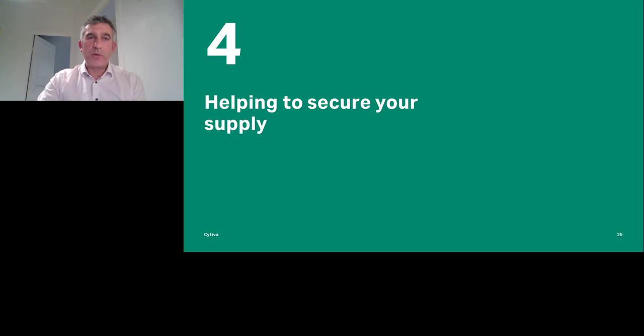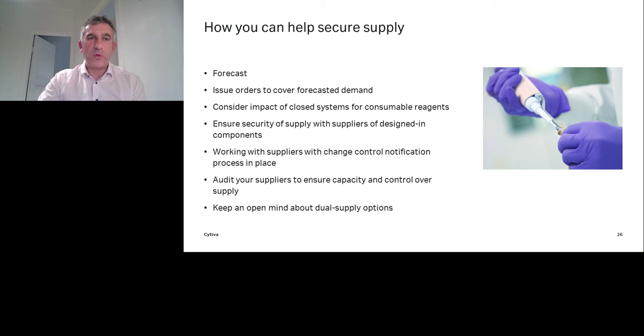Now, when it comes to what customers can do to secure supply, there are a few points that I'd just like to draw out. First and foremost, we depend on our customers' forecast, and this really helps us plan tactical and strategic capacity and enables us to be in a better position to meet your demand. Secondly, the issuing of firm purchase orders to support and cover that demand is also a crucial factor.